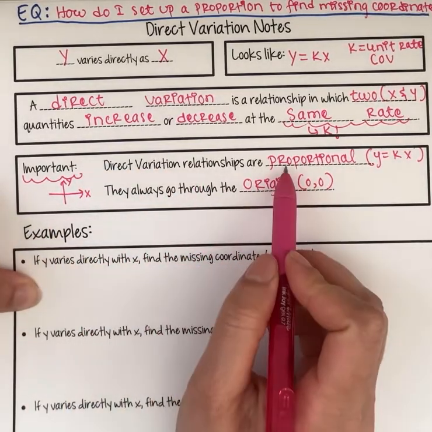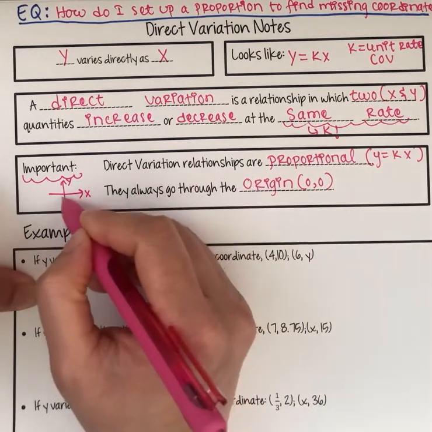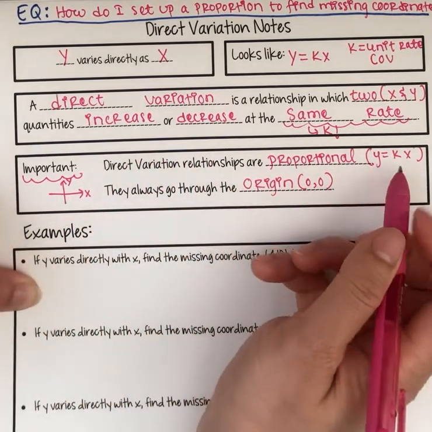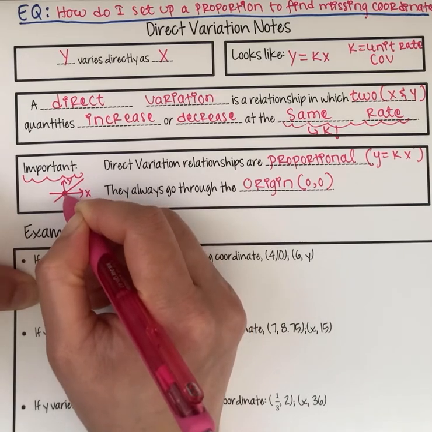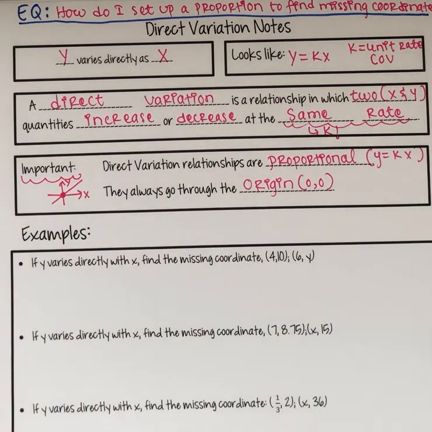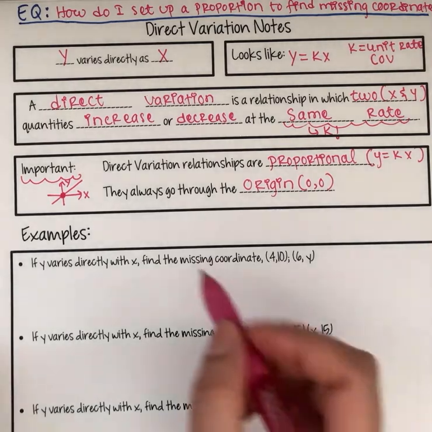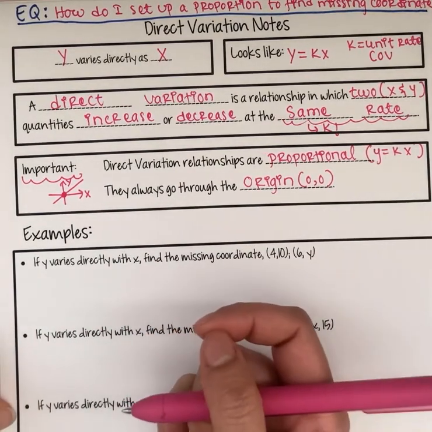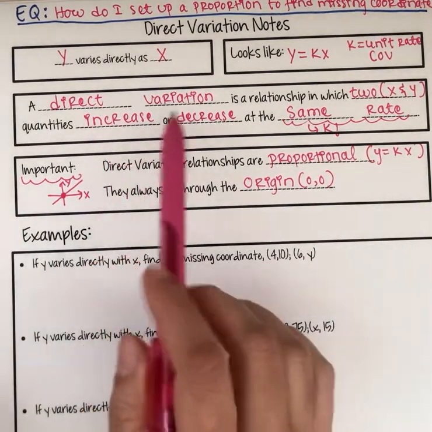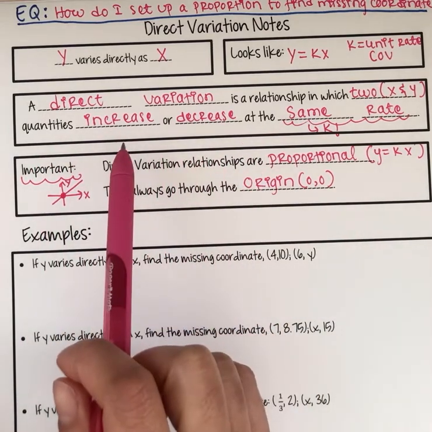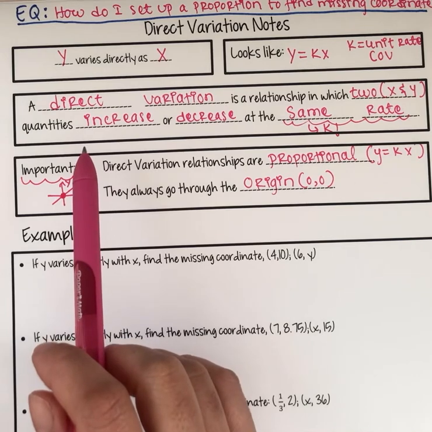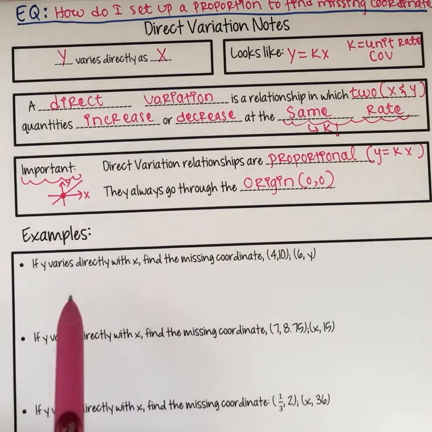So what proportional means is your graph for y equals kx would go through the origin, meaning 0, 0. This point right here, which is 0, 0, okay? That's all that there is to it. Okay, so we know that in a direct variation relationship, as y or x increases or decreases, the other one does the same thing. That's the basic relationship, okay?